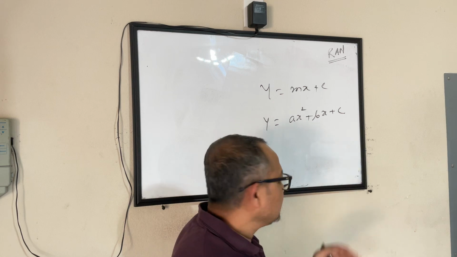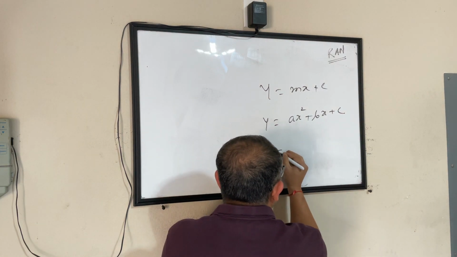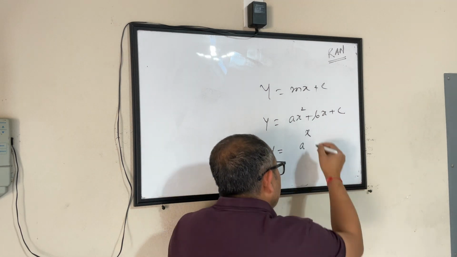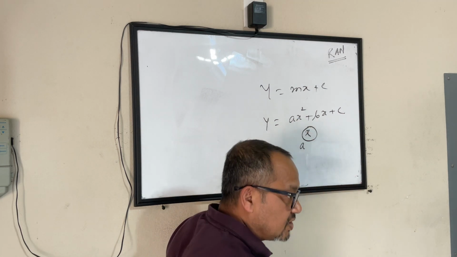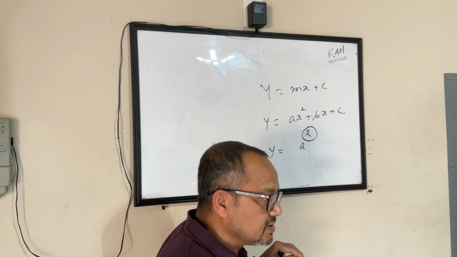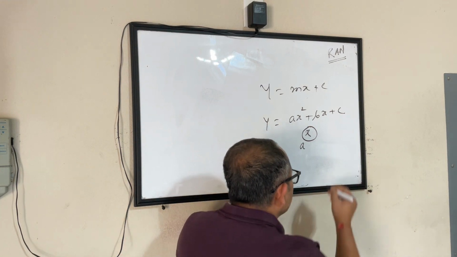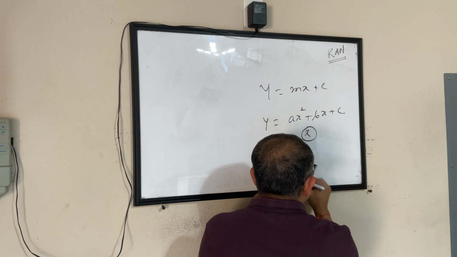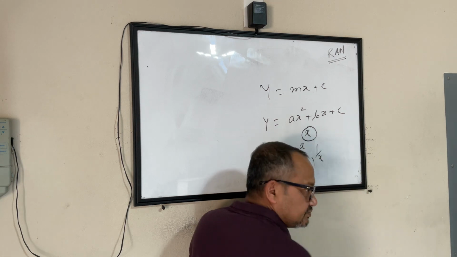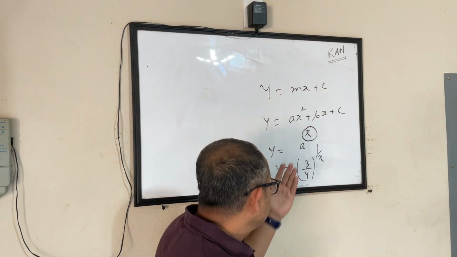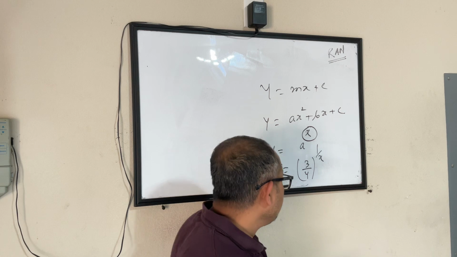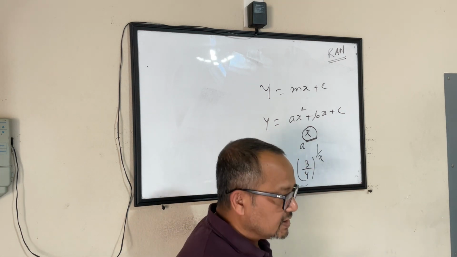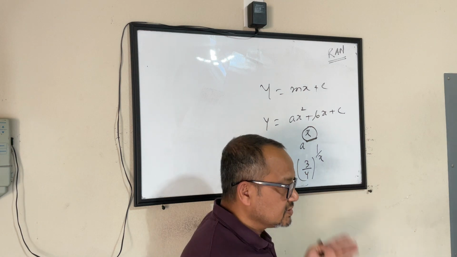We'll go to the next step where we'll say, okay, how about this? y equal to e to the power x, where one of the variables is actually a power to a constant, or y equal to (3/4) to the power 1/x. These are the forms of exponential equations, meaning where your variable itself is the exponent to a constant.